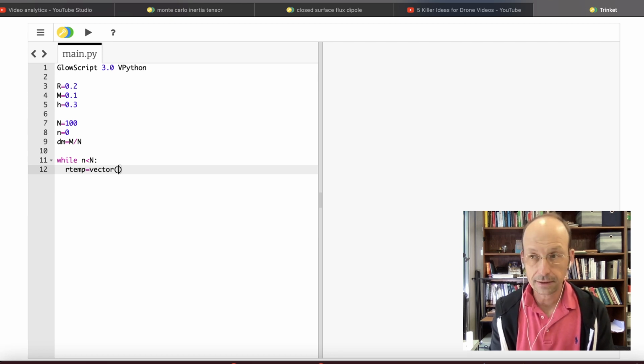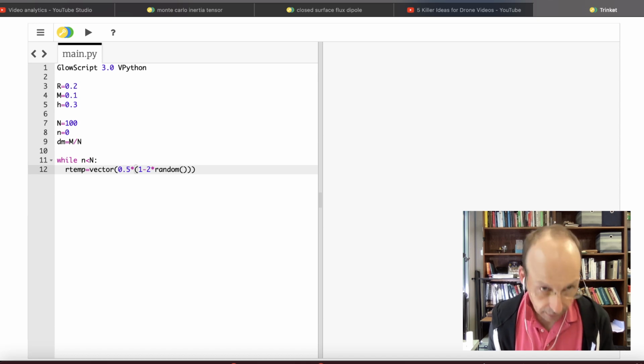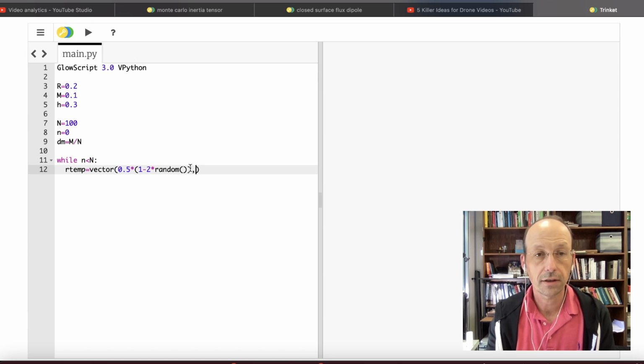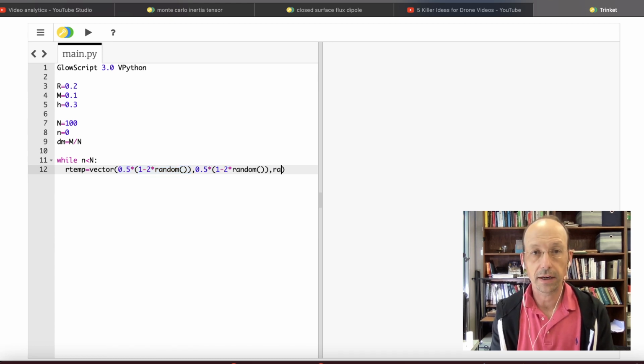Then I said in the x and y direction it'd be 0.5 times 1 minus 2 times random. And then I get my parentheses mixed up. That's also the same for the y direction. So I'm just going to copy this because I mess up my parentheses if I don't. And then my z direction is just going to be random.